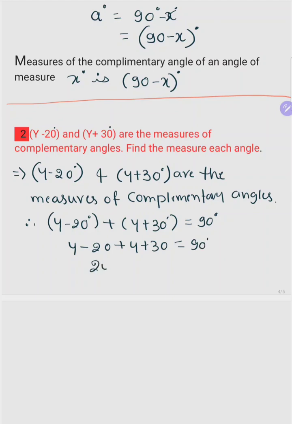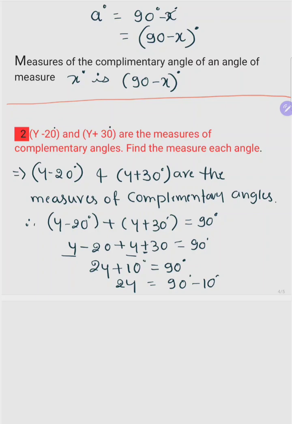Then here y plus y is 2y. 20 minus 30, it is 10, and plus 30 is the bigger number, so it is plus 10. So 2y plus 10 is equal to 90 degree. 2y is equal to 90 degree minus 10 degree.